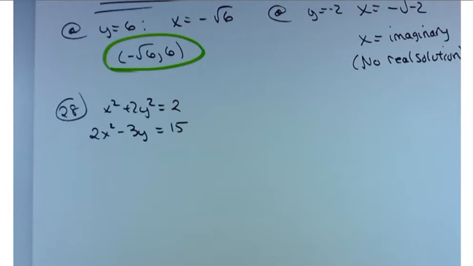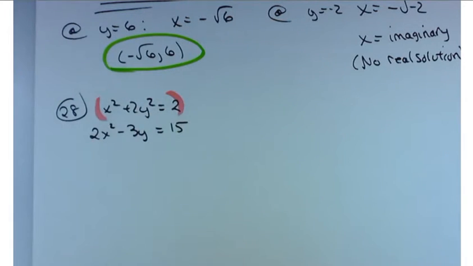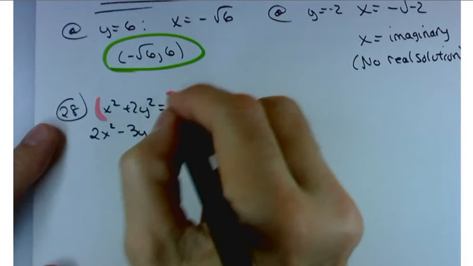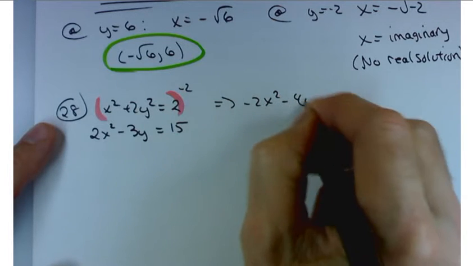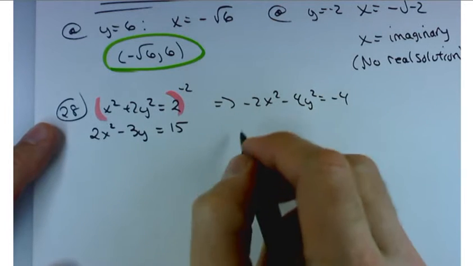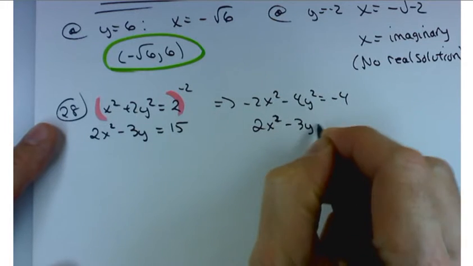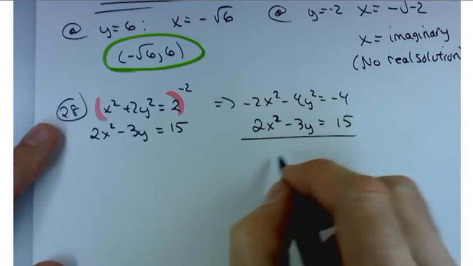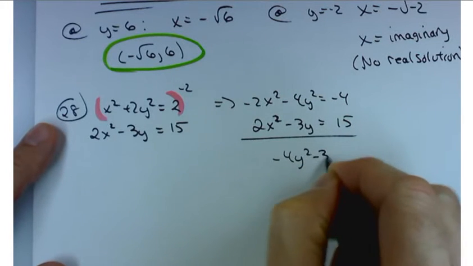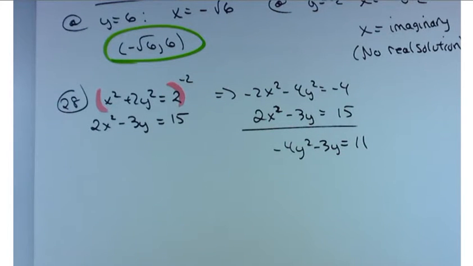Yeah, I think we're going to go back to the addition method because we can quickly get rid of the x squared terms here. So if I multiply the top by -2, I get -2x squared minus 4y squared equals -4. Added to 2x squared minus 3y equals 15. So I get minus 4y squared minus 3y equals 11. Yuck.